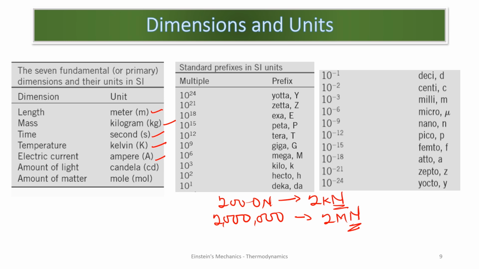Very good. So prefixes are used to simplify our digits, and remember, any engineer that reads what you write will understand what you mean and your answer will be correct. So let's stay with prefixes and know how to use them. It's very necessary. Very good.